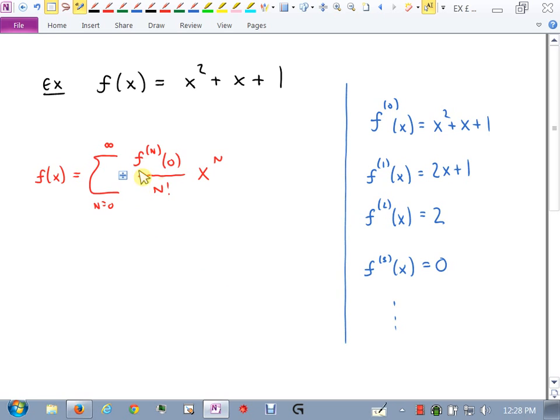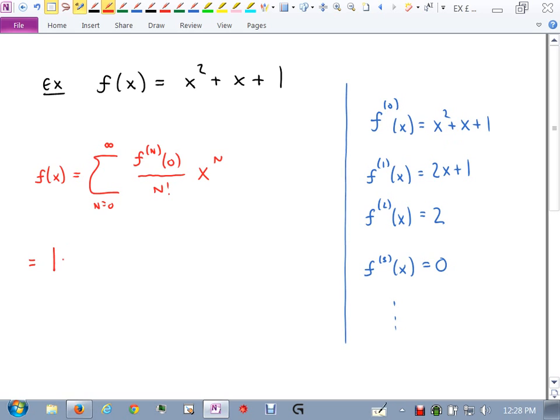Now what I'd like to do is write out this sum. See if you can follow me here. First start with n is 0. What is the 0th derivative of the function evaluated at 0? So go to the 0th derivative, plug 0 in for x, and what would you get? 1.